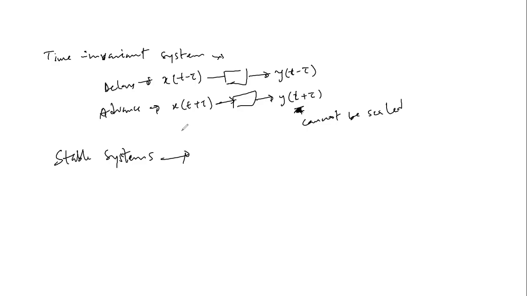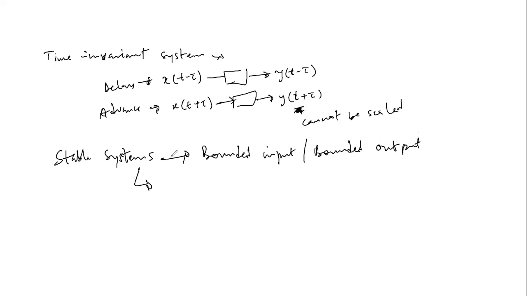Now, when we talk about stable systems, we talk about bounded input, bounded output. So a system is said to be stable if the output is bounded for a given bounded input.